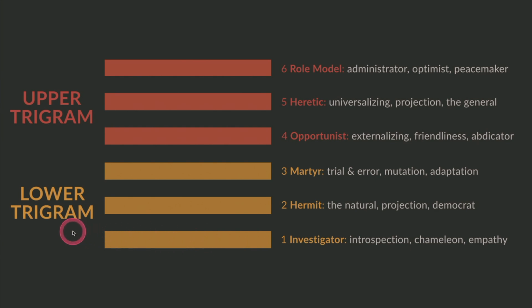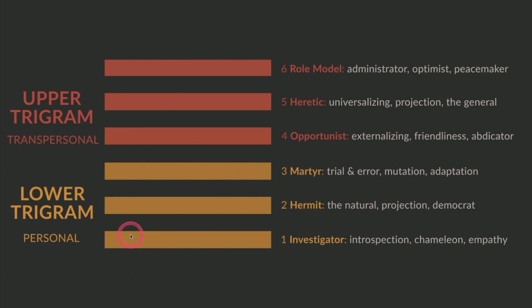And you can see, I should mention, we have a lower trigram and an upper trigram here. Again, we've learned how all the hexagrams are constructed from the stacking of 2 successive trigrams, right? In terms of looking at role, the 3 lines of the lower trigram are all personally focused, and the 3 lines of the upper trigram are transpersonal. So it's kind of a me and a we approach to life.